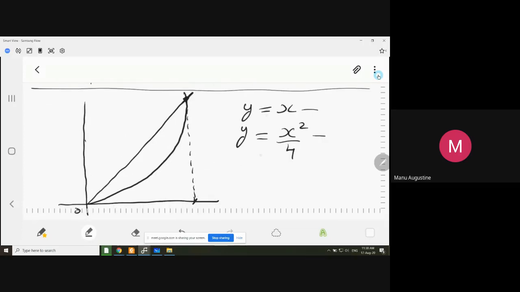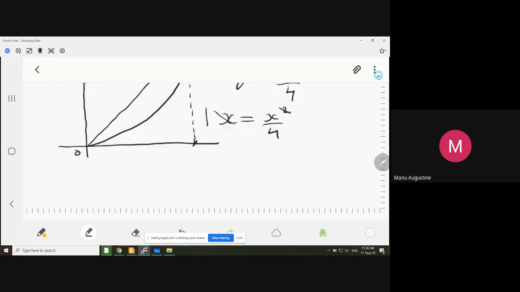Since both are equal to y, I will simply put x equal to x square by 4. One x will cancel out. So what is the value of x? This 4 will go and get multiplied with 1, and x is equal to 4.